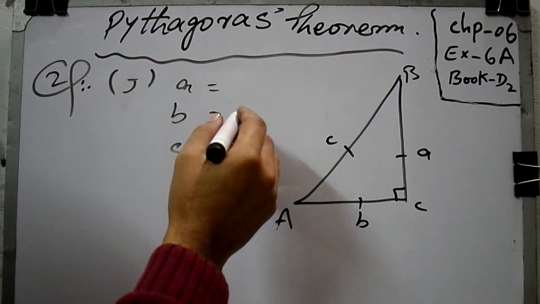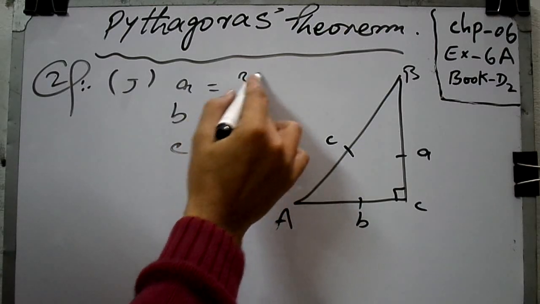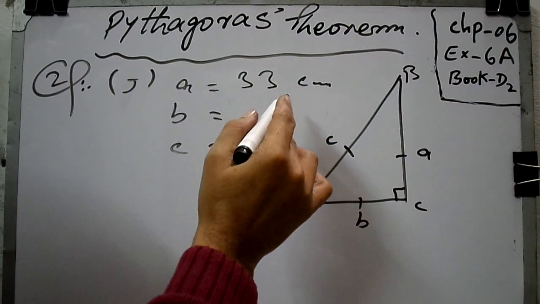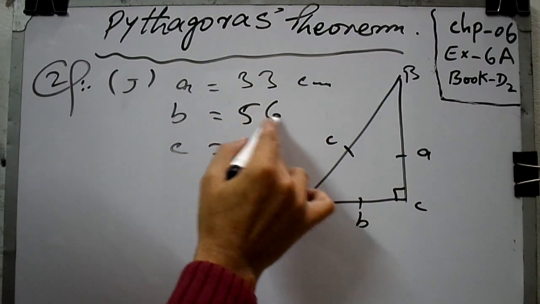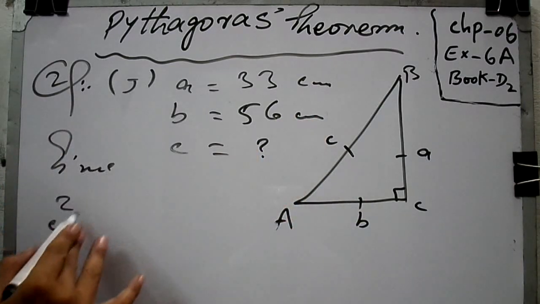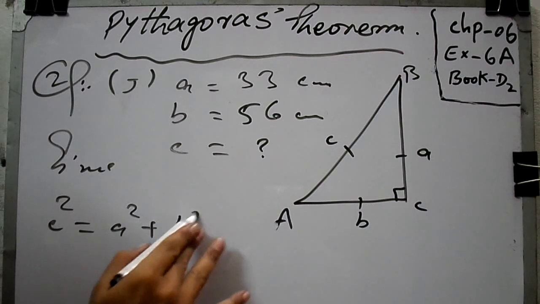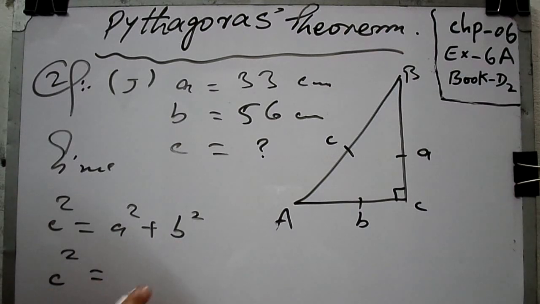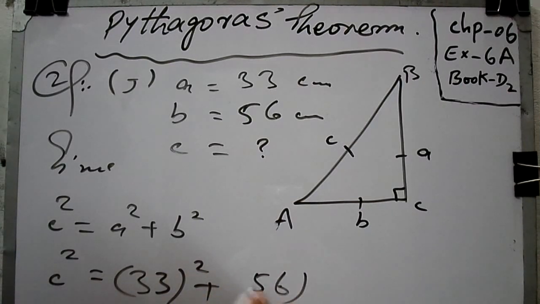You can see here the value of A is 33 centimeter and B is 56 centimeter. We have to find C. Since by the same methodology, C square is equal to A square plus B square, putting the values, A square is equal to 33 square and the value of B is 56 square.